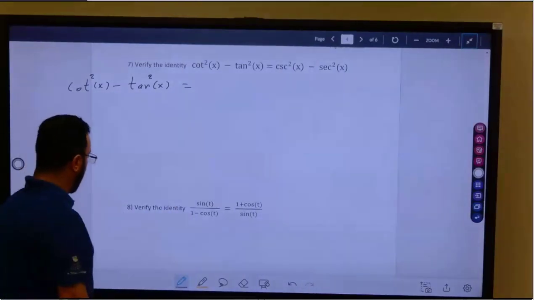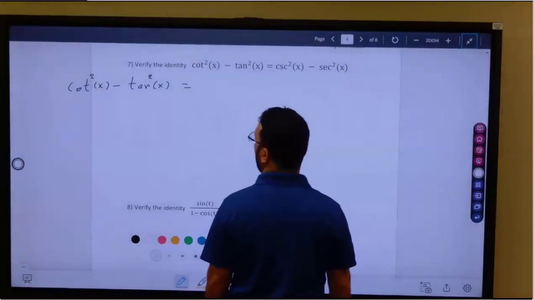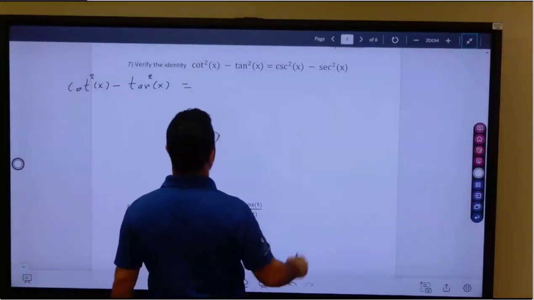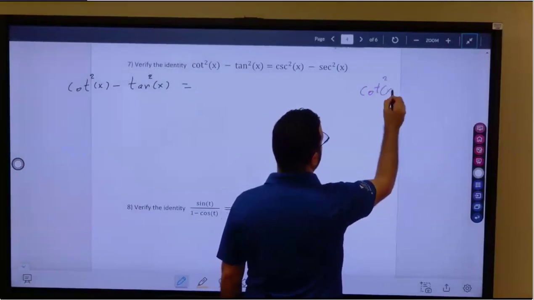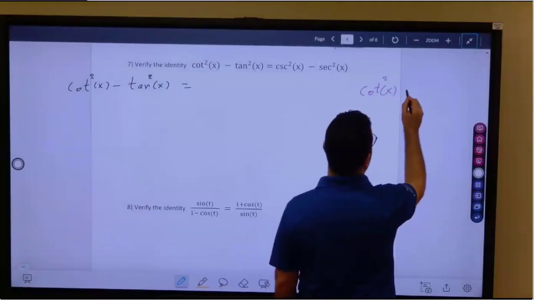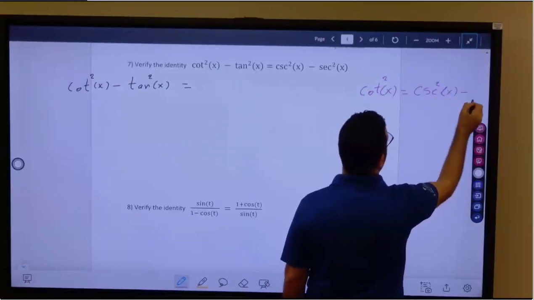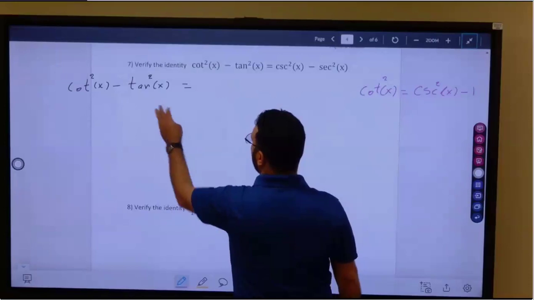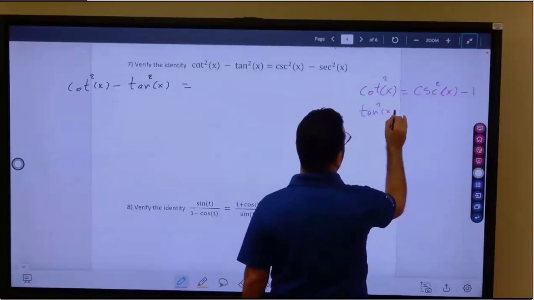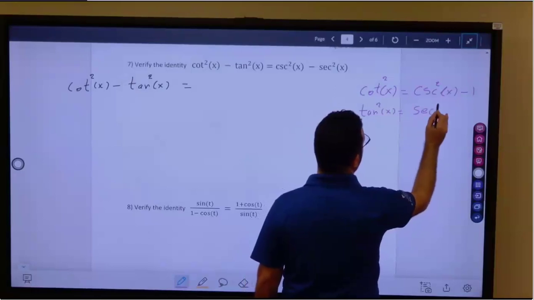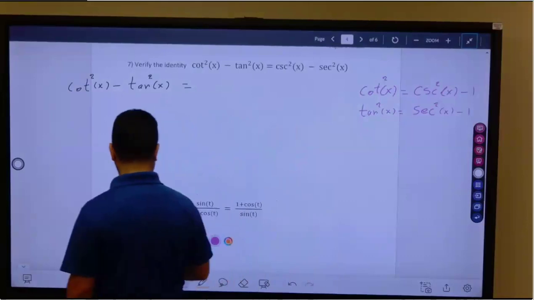If you look at the identities, we already know cotangent squared x, from the first page of section 7.1, is cosecant squared x minus 1. And I already know tangent squared x is equal to secant squared x minus 1. So I can plug in these two identities here.